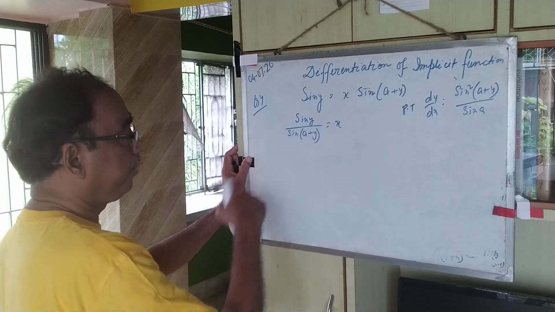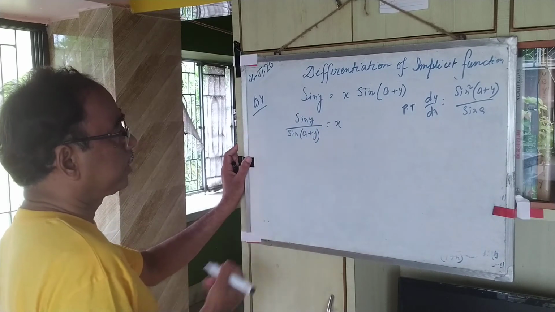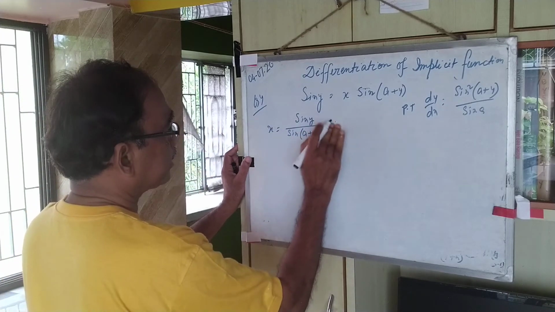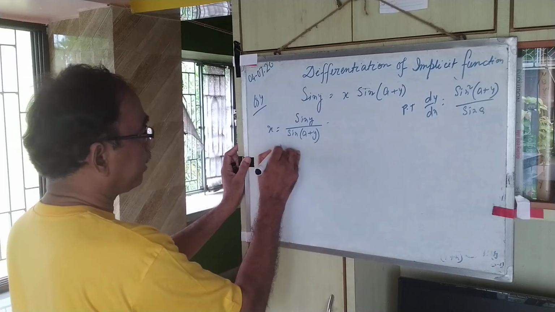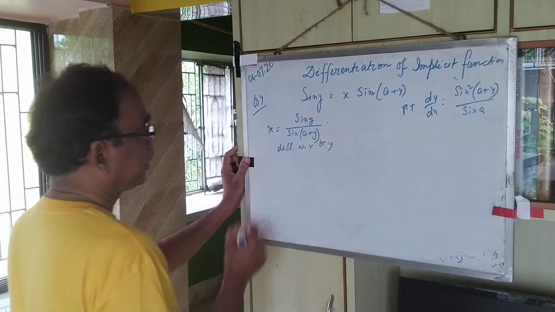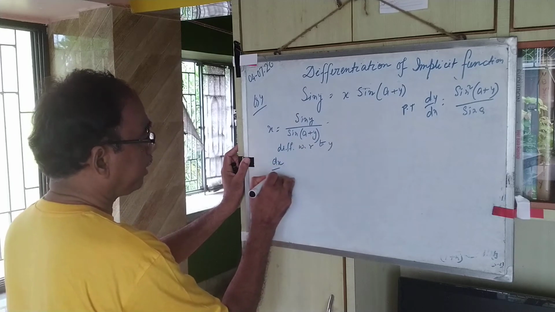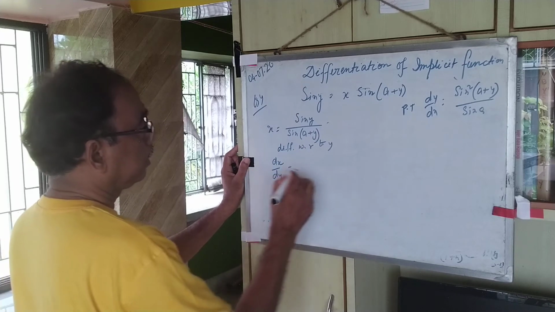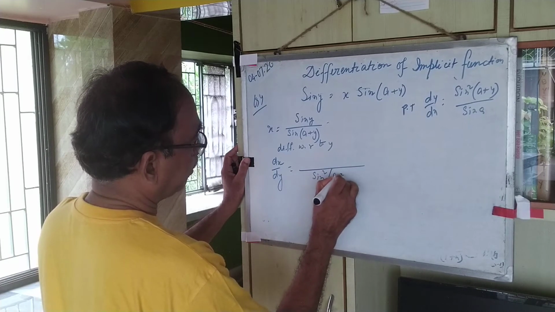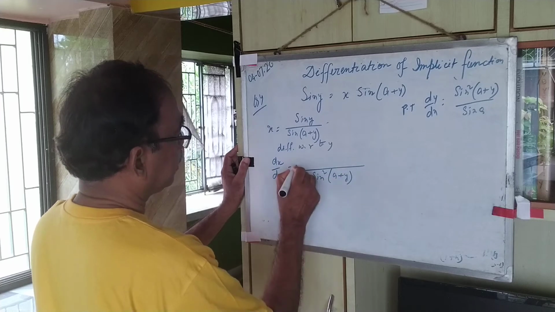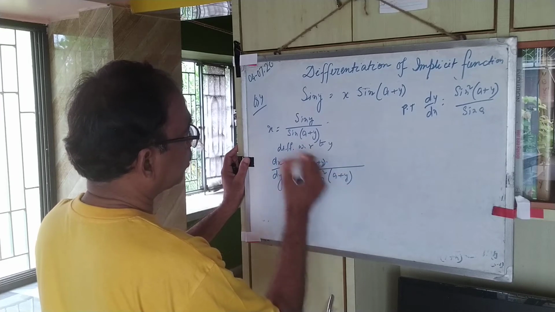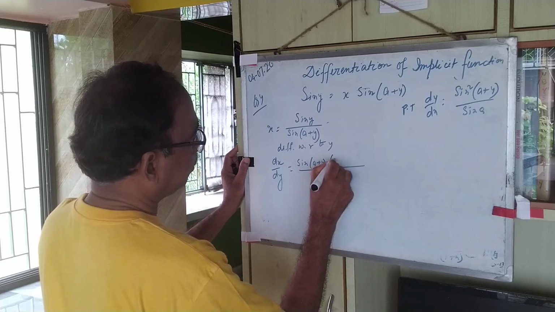Because u by v, if we do differentiate, now differentiating with respect to y, then dx by dy, u by v, that is sin square a plus y in the denominator, sin a plus y constant, sin y derivative cos y.